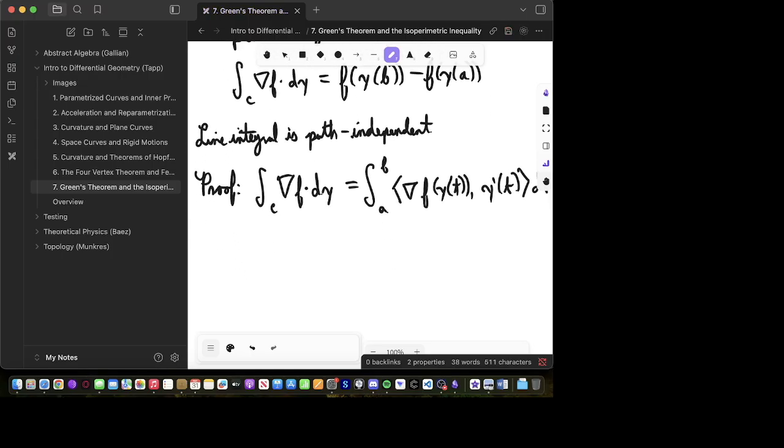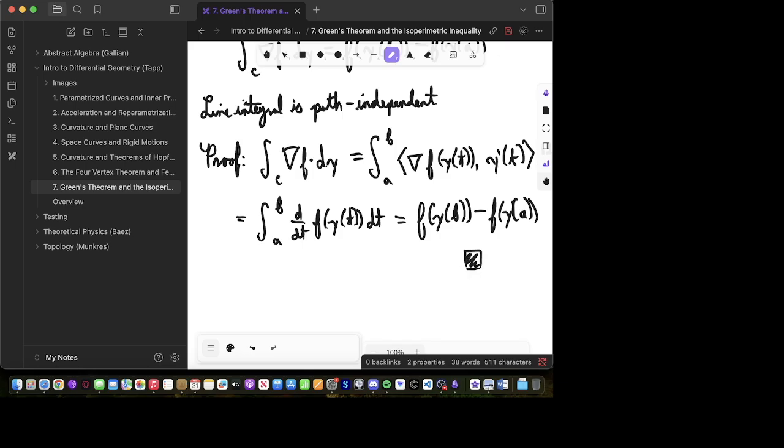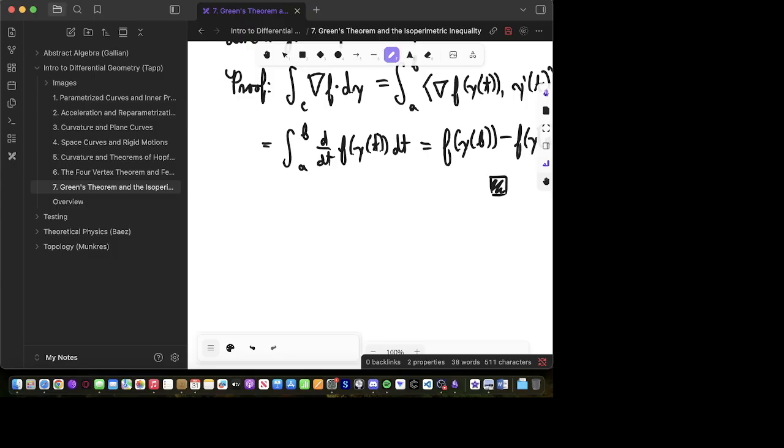And by our lemma from before, we have the integral from a to b of d over dt of f of gamma of t, dt. And by the fundamental theorem of calculus, we have f of gamma of b minus f of gamma of a. And that is simply our proof for this proposition.